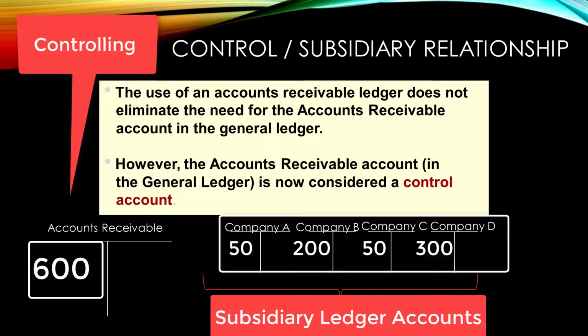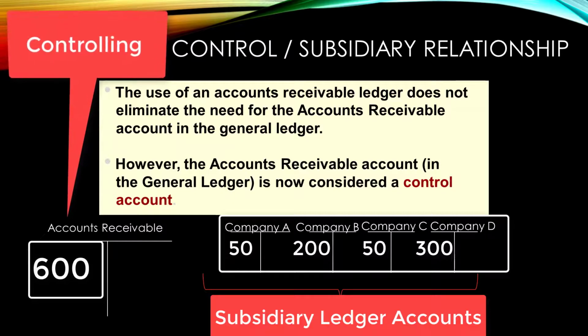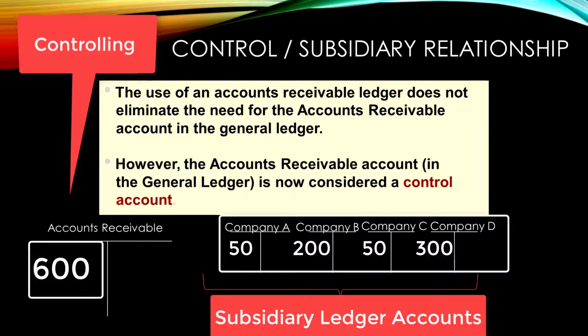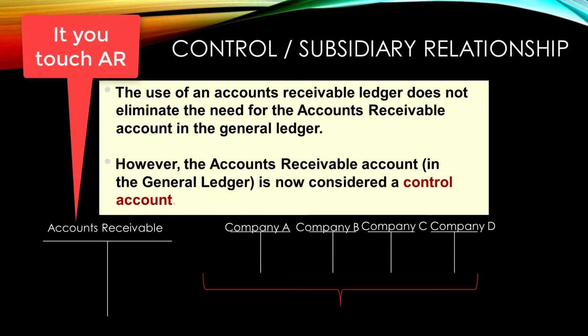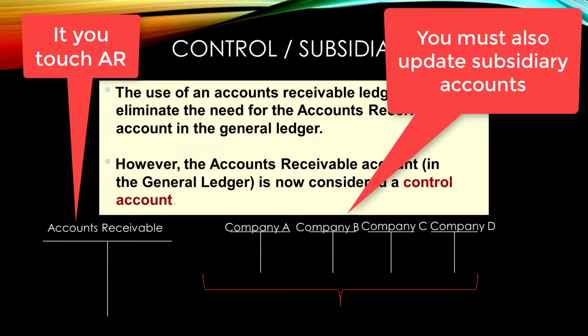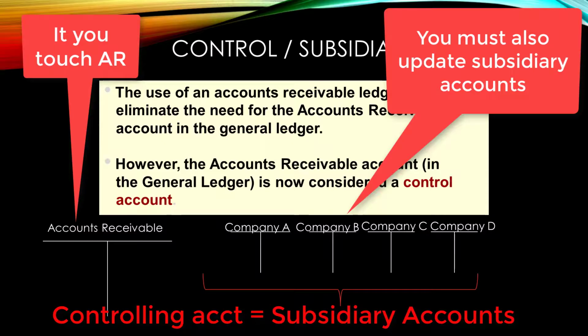Another way of looking at it is that the sum of the parts always has to equal the whole thing. In other words, from here on out, every time we touch accounts receivable, we will have to do an extra posting to update the accounts receivable subsidiary ledger. From this day forward, you can't touch accounts receivable unless you designate a specific customer and go update the subsidiary card as well.